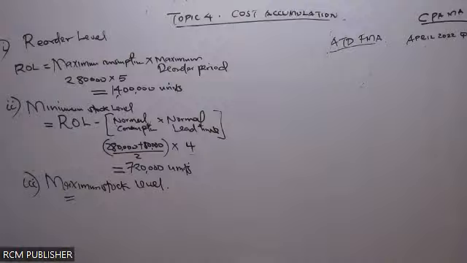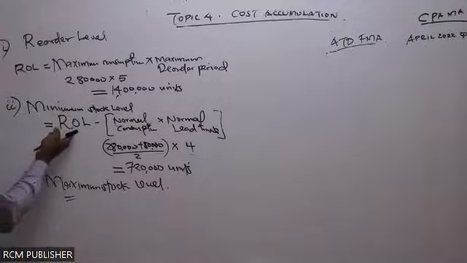Maximum stock level is equivalent to reorder level minus minimum consumption times minimum lead time. Then we add reorder quantity.